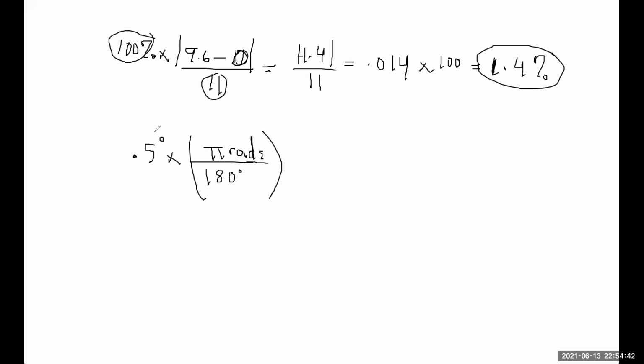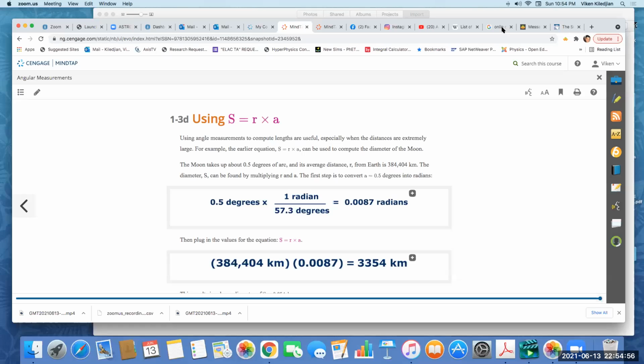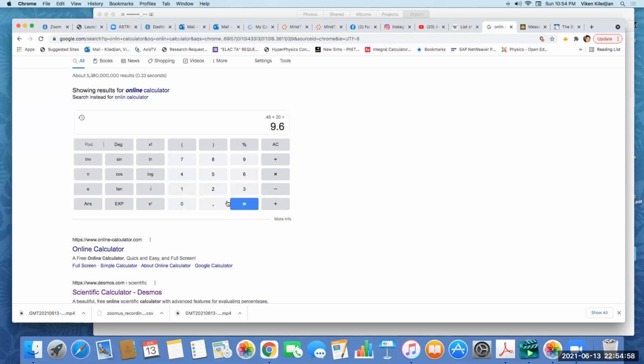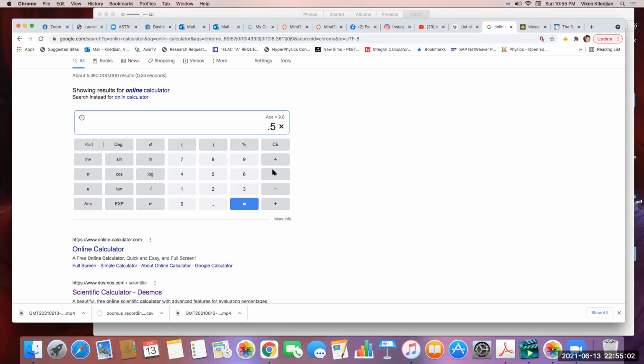This is very exact. So on your calculator, let's go to the calculator now. You would say 0.5 times pi divided by 180.